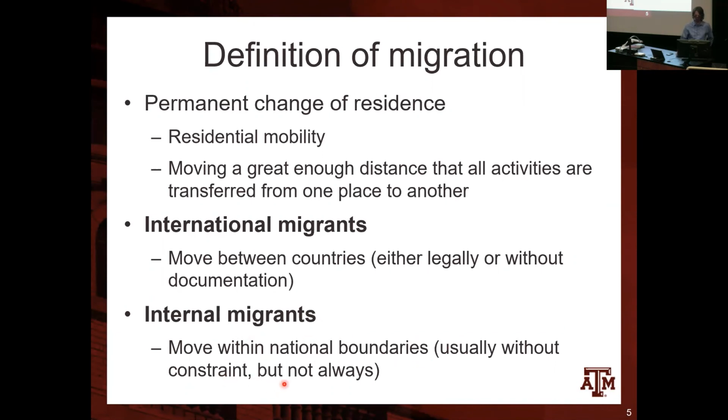Usually there is no constraint, but the discussion at the end of the chapter about China is that the Chinese government actually asked residents from rural areas to get permission from the federal government to move to urban areas. If these people don't have permission to move from rural to urban areas, they can still find a way to go to urban areas, but they will not have access to formal jobs.